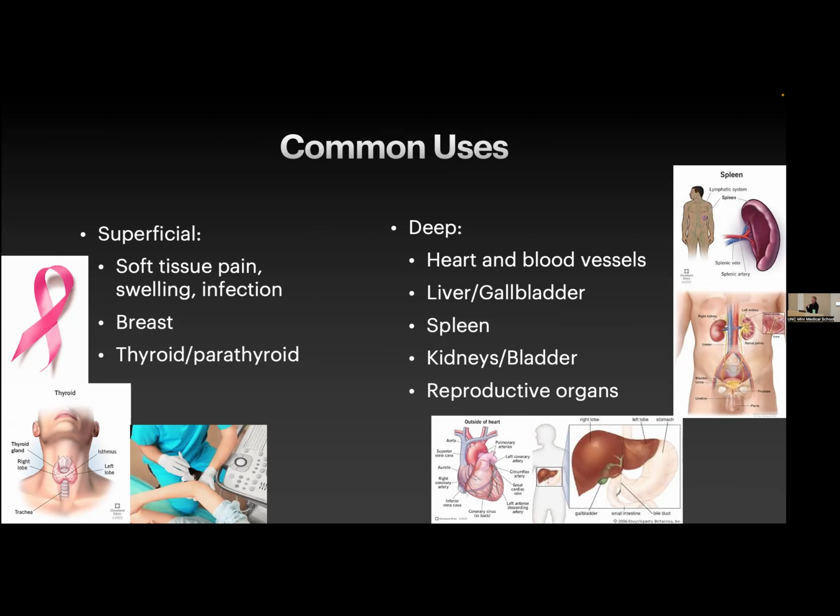We can also check for blood flow to those organs, which is very important. And we don't have to use any radiation. We don't have to worry about providing radiation to those typically more radiosensitive organs. So we use ultrasound for a number of these different reasons on a day-to-day basis in our radiology department.